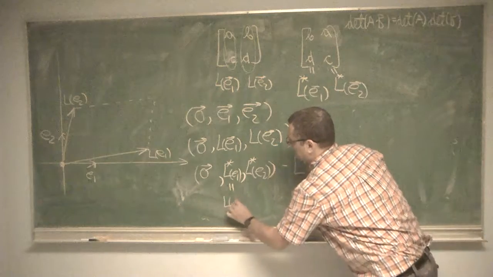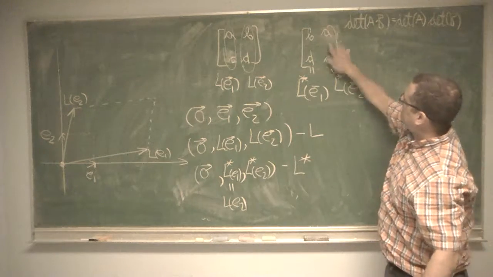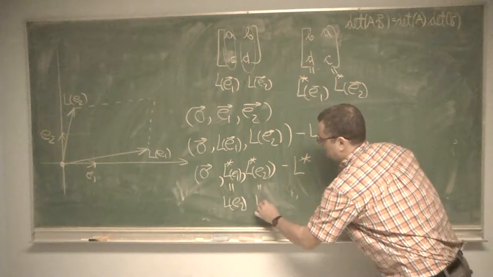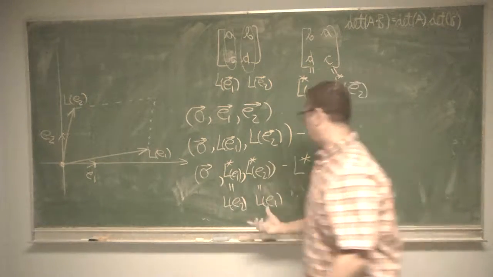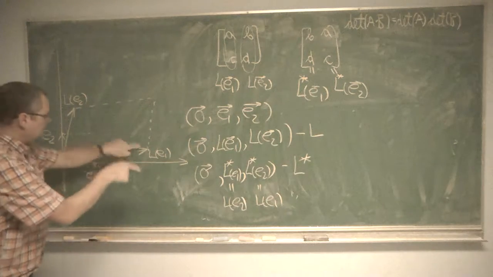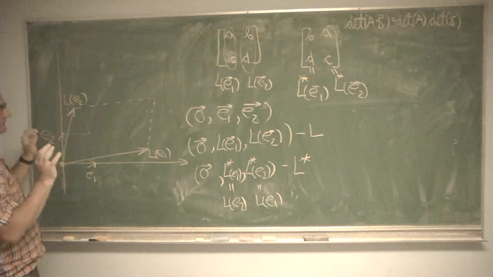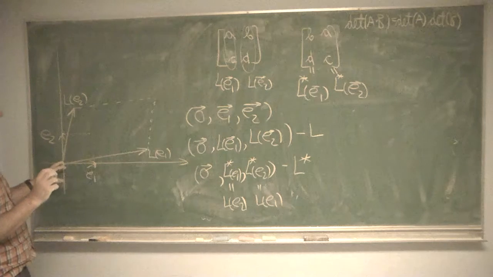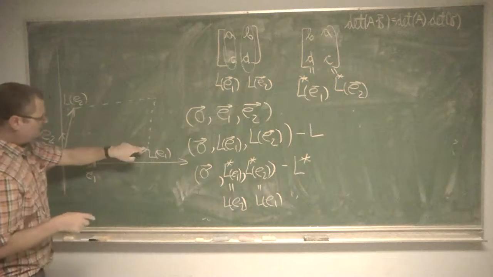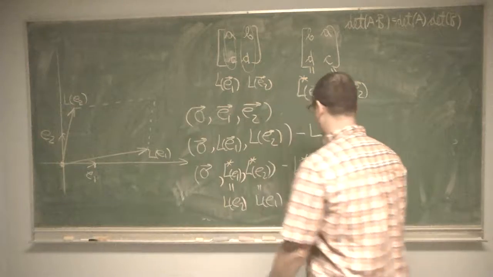And L star of E2, the second column A, C, is L of E1. So what I did was swap these two vectors. So instead of going from 0 to L of E1 to L of E2, I go from 0 to L star of E1, which is this point, and then to L star of E2, which is this point. So I'm going in the opposite direction. So I flipped the orientation.